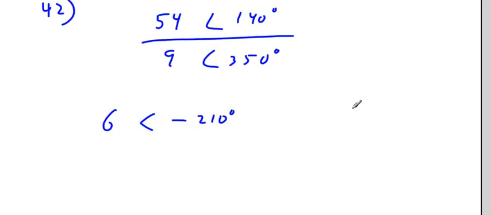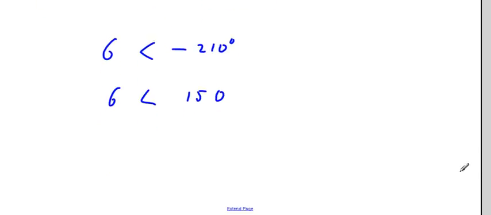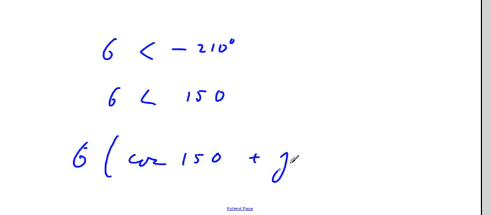The result's supposed to be in trigonometric form, and minus 210 would be 6 angle 150. Yeah, okay. So 6 angle 150 is trigonometric form: 6 cosine 150 plus j sine 150.